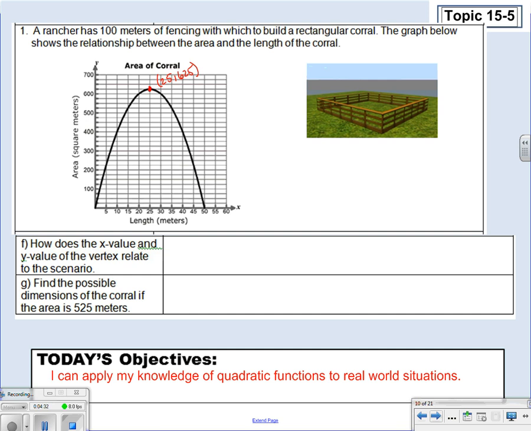This was a max point, so this tells me that with a length of 25 meters of fence, we have a maximum area of 625 meters squared, or 625 square meters.